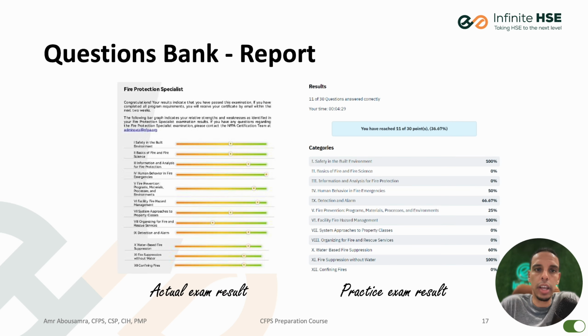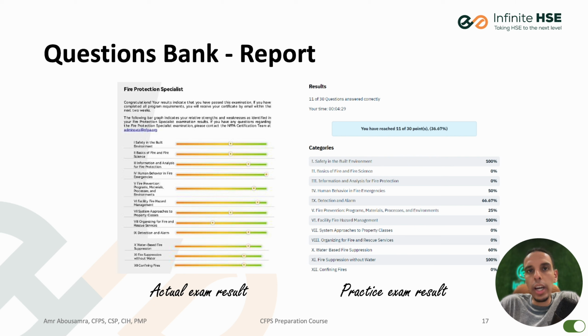After you finish the exam, this is another advantage of our question bank. You will get a report that analyzes your results per domain area. On the left side, this is the actual exam result. On the right side, you have our practice exam result. As you can see, these are all the domains that you have to take the exam in, and on the right side it's the same domains, like safety in the built environment, measuring your progress in each of them.